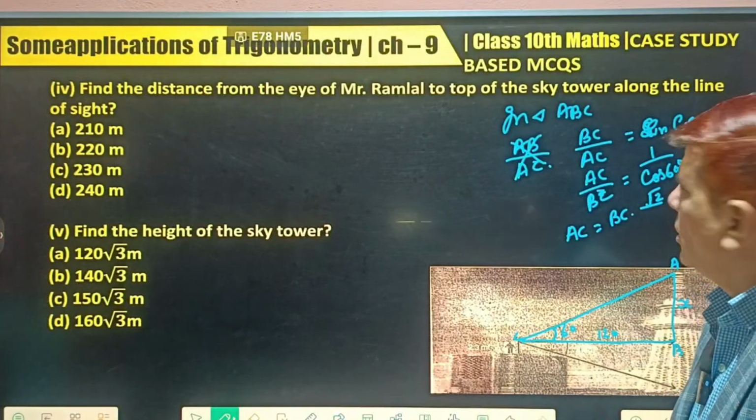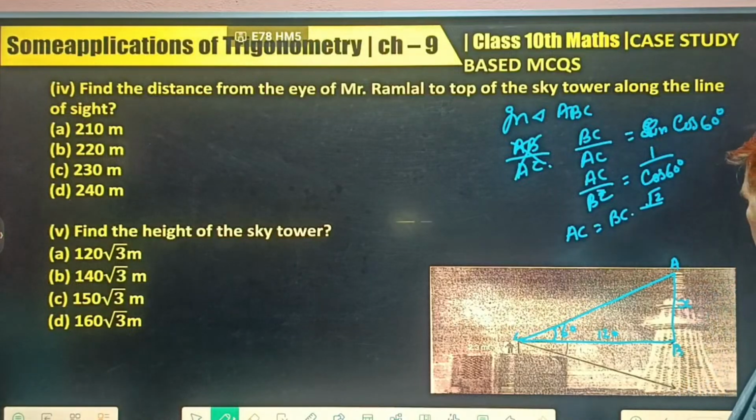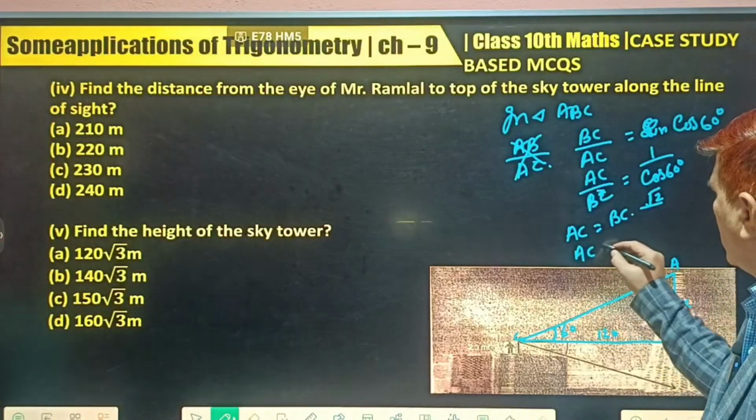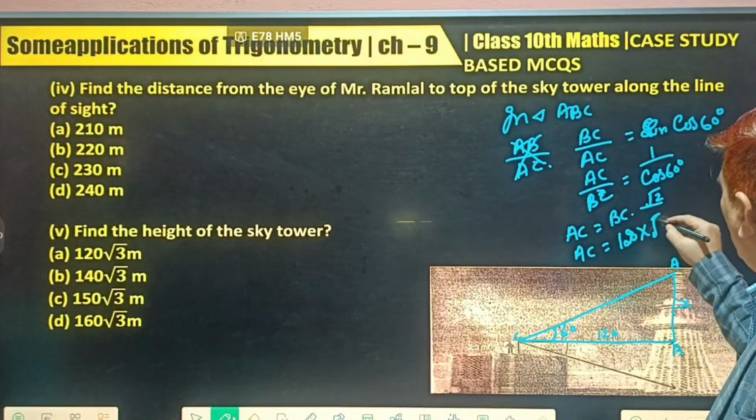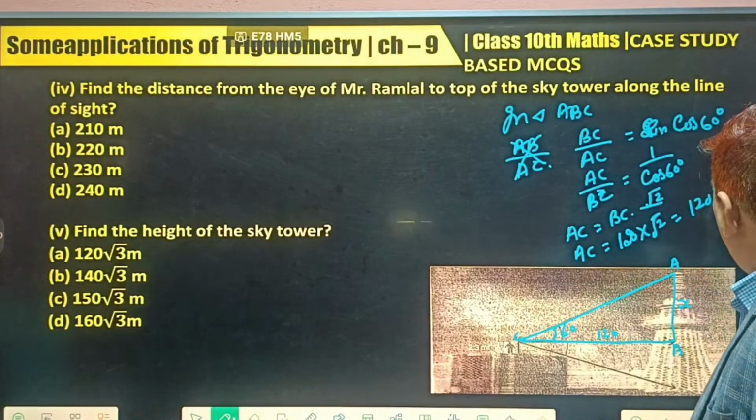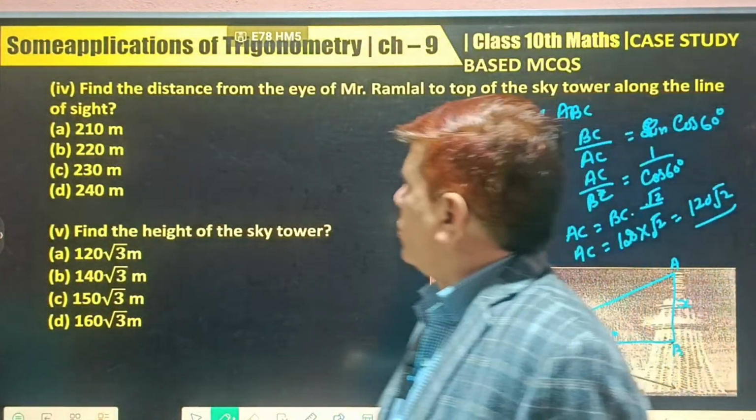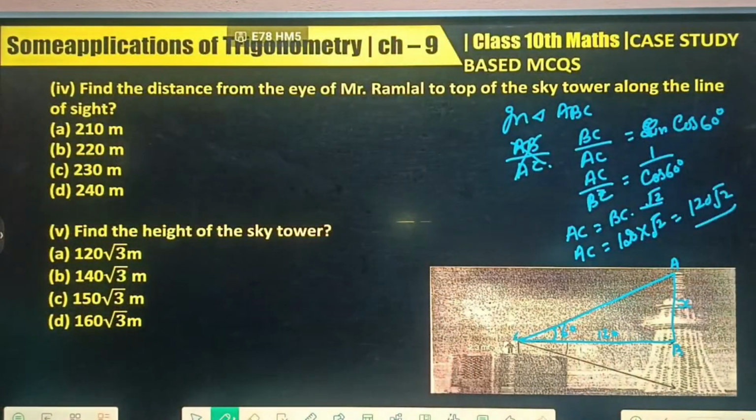So AC equals BC, 120 into under root 2. So 120 under root 2.